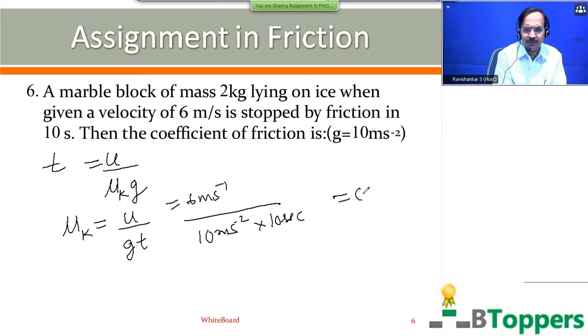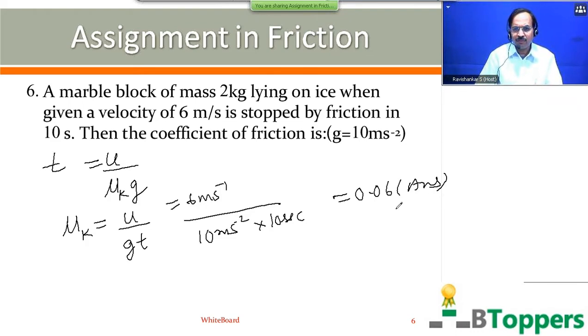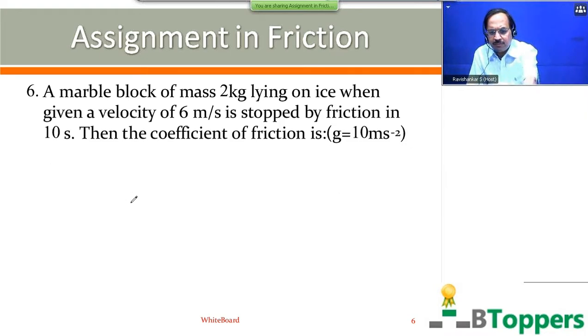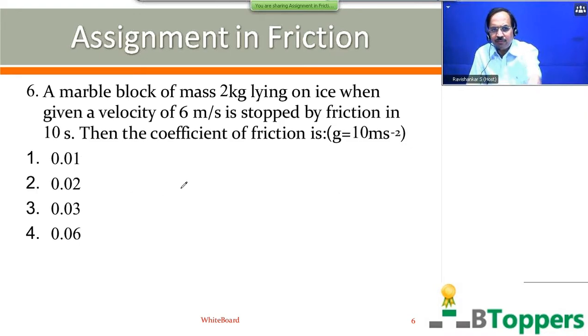Therefore the coefficient of friction we get is 0.06. That's the answer. For question number 6, the fourth option is the answer, 0.06.